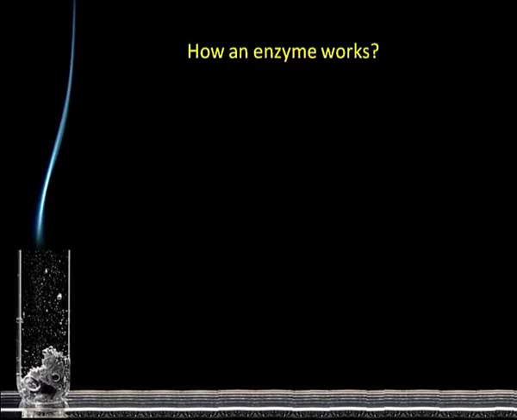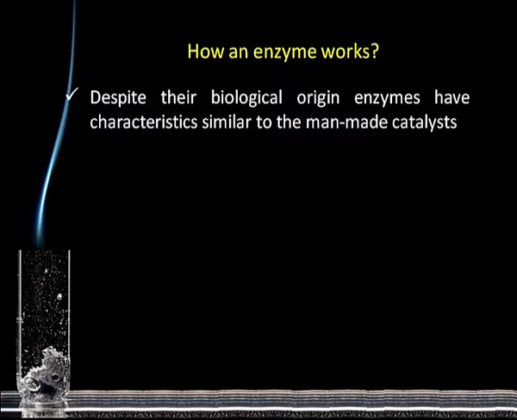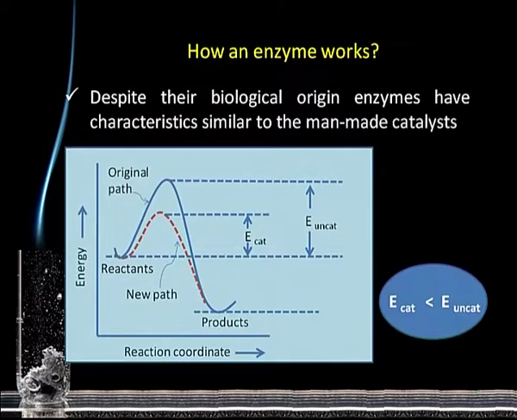How an enzyme works. Despite their biological origin, enzymes have characteristics very similar to the man-made catalysts. They are no different when they function in a given reaction. Look at this. This is the familiar diagram that we had shown when we discussed how a catalyst functions. This is the activation energy that you have for an uncatalyzed reaction.